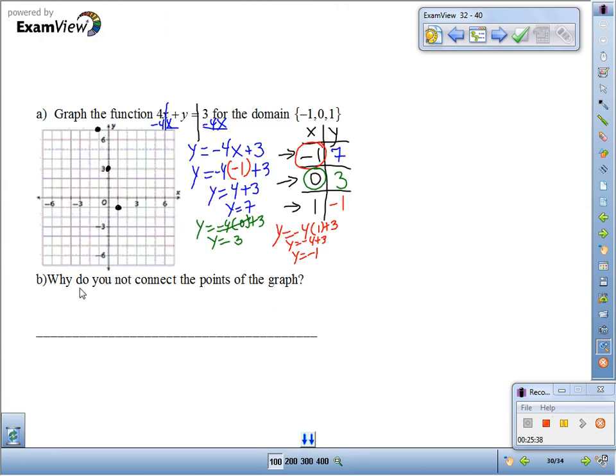No, it says, why do you not connect the points on the graph? Talk it over there. Why don't we connect the points?